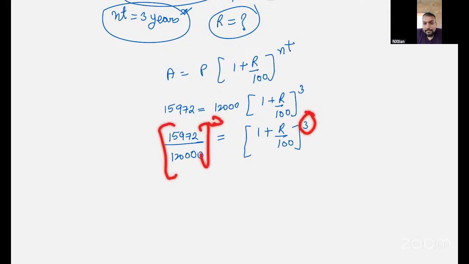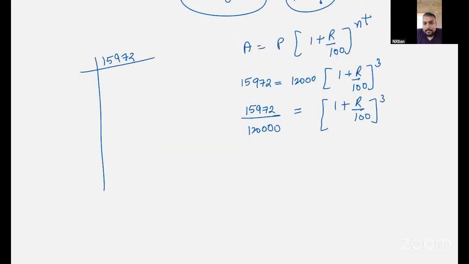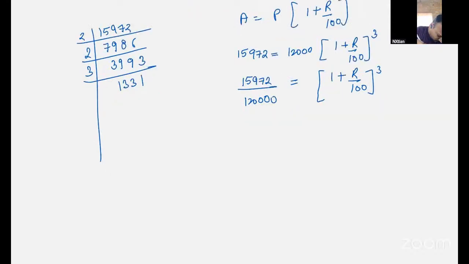Go ahead. 6, then 18, then 9, then 3. 3, 1. 11, yes, 11. 11, 1, 2, 1.